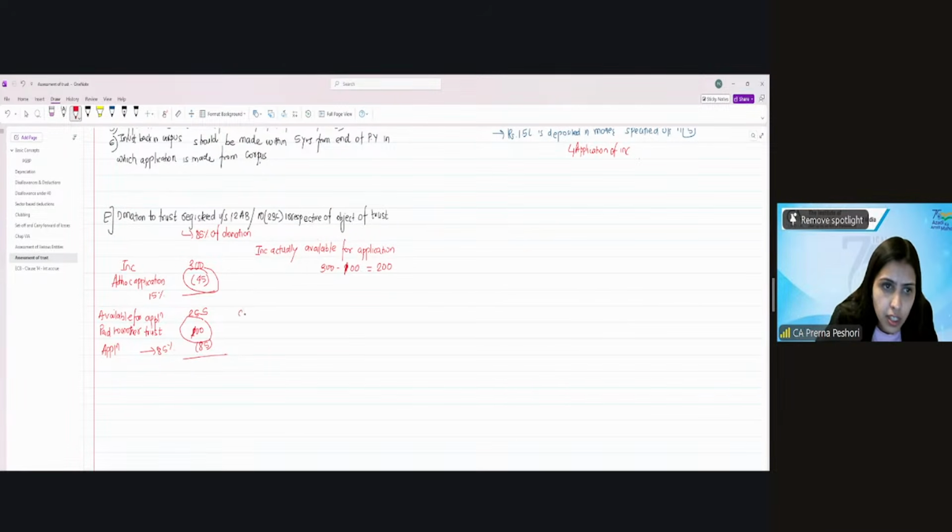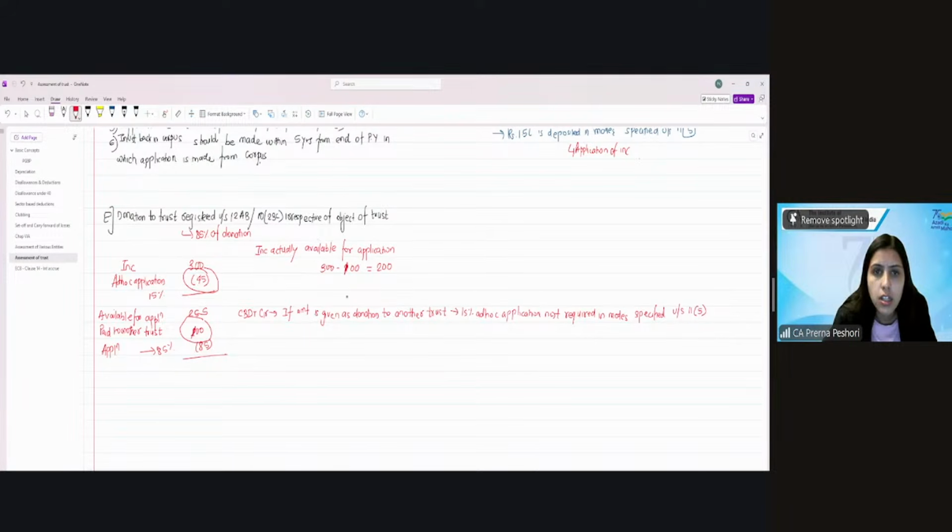So what they are saying here is, if the amount is given as donation to another trust, 15% ad hoc application is not required in modes specified under section 11.5.